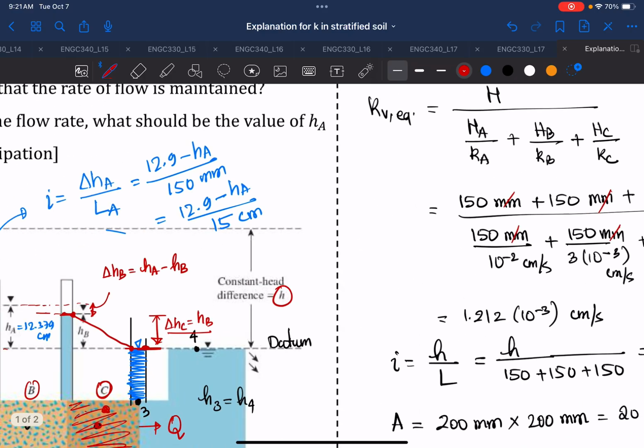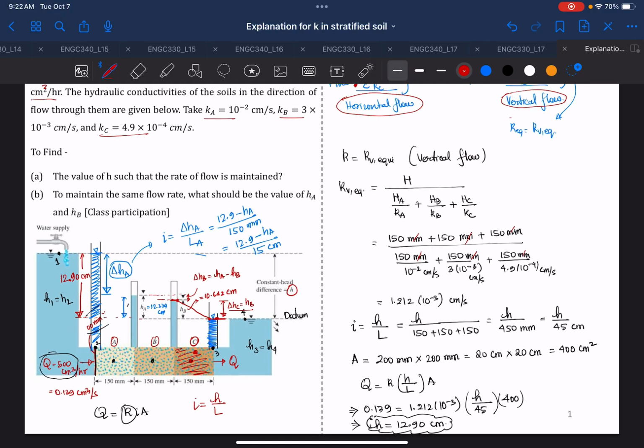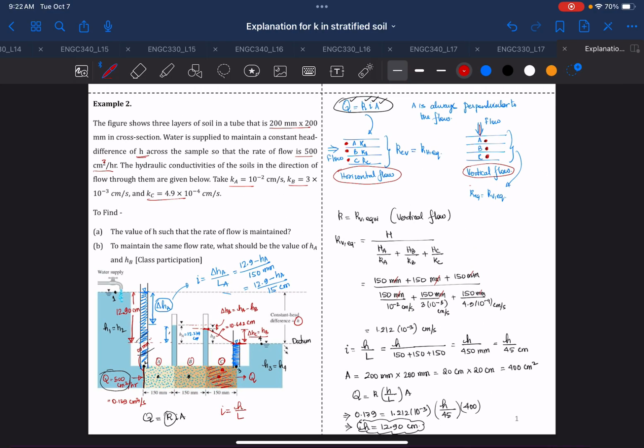So this HB will be equal to 10.642 centimeter. So that is how you solve the problem of permeability in a stratified soil.